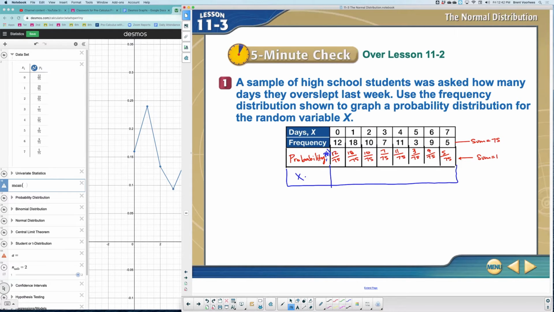If I did x times p of x, we would get 0 times this, which is 0 here, and then 1. This is my x, and I'm multiplying it times the probability p of x here. 1 times this is 18 over 75. Sorry about that. Pen problems. And now the next.